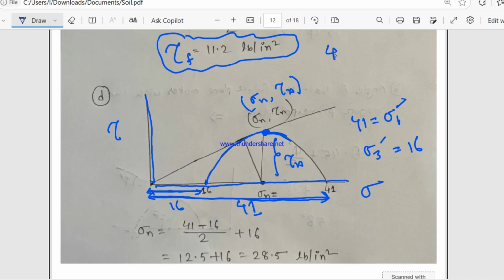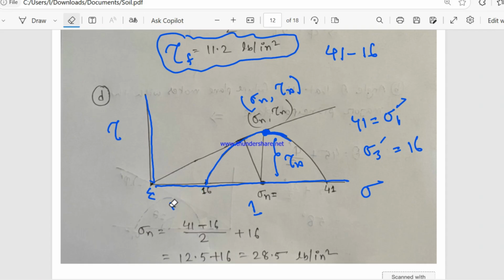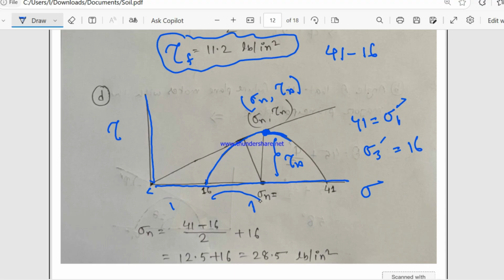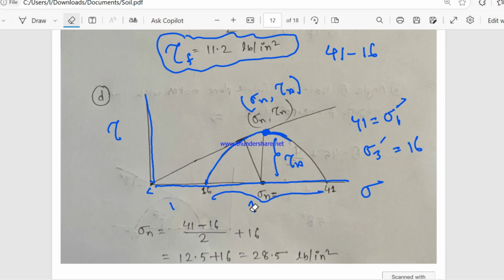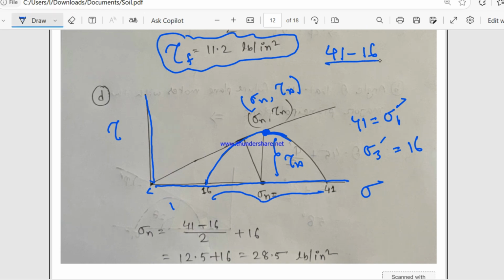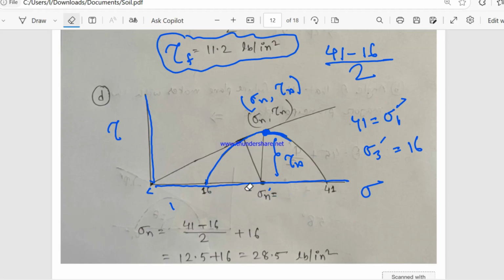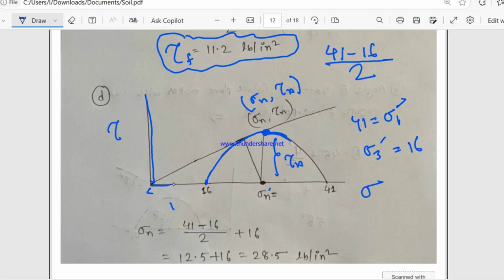If we subtract 41 minus 16, we get this value, which is the diameter of this half circle.